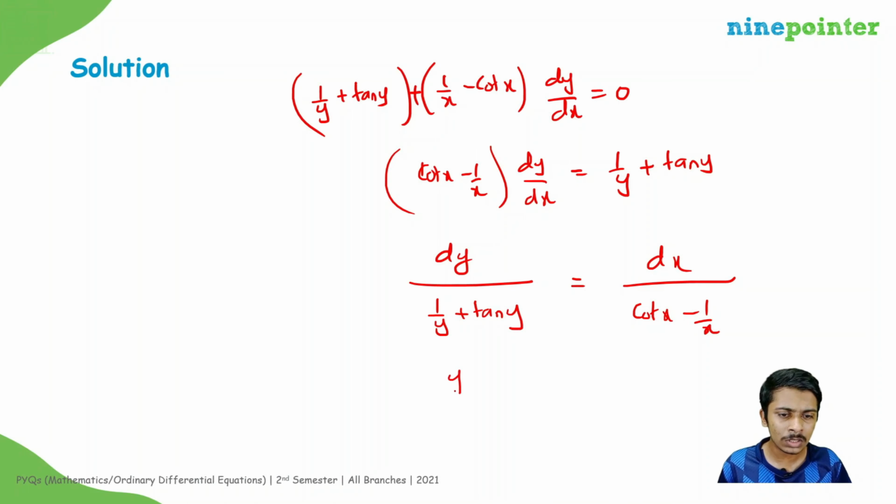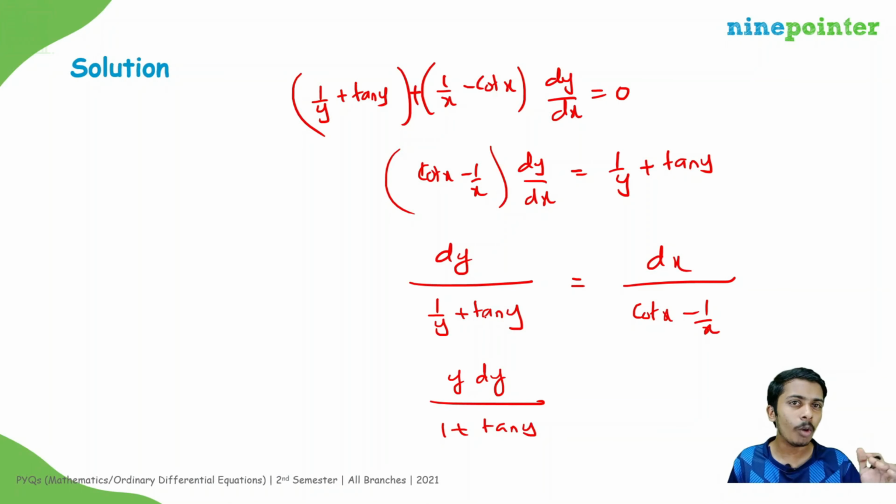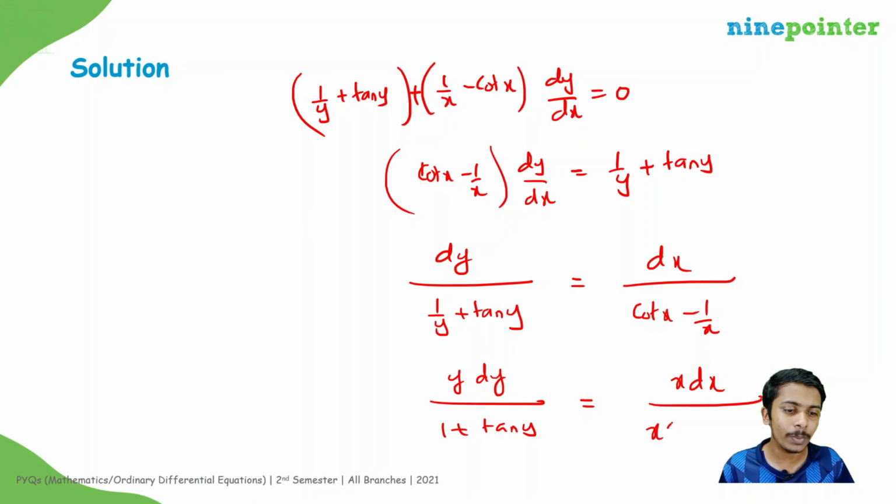Just simplify this: it will be y dy divided by (1 + y tan y). I'm taking y common in the denominator and moving it to the numerator. Here it will be of the form x dx divided by (x cot x - 1). We have already observed that our options were in terms of x, sine and cos, right?